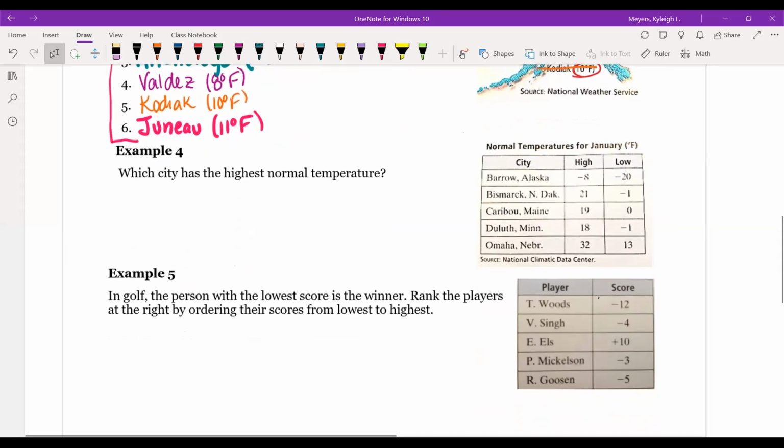Look at example 4. It says which city has the highest normal temperature. What that means is we want to look at the highs. And of those highs, which one has the biggest number? So the largest of them is this one, right? So then what city has the highest normal temperature?